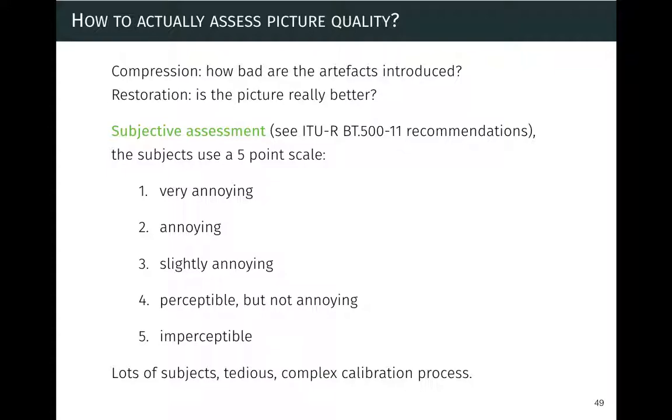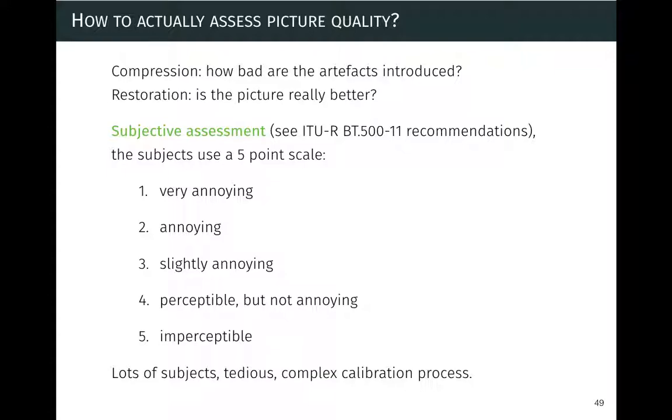And this is the bad news here, okay? The only way really to do that properly is to go through subjective assessment. So you basically organize some kind of psychological test. You have 50 people, and you have calibrated TVs.